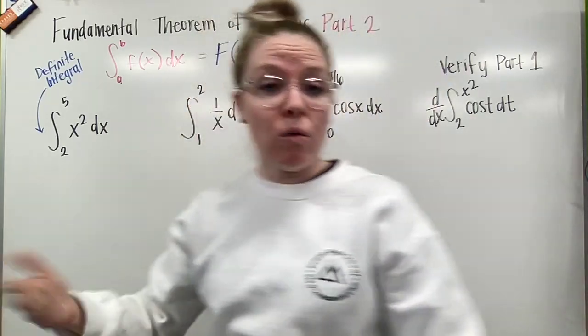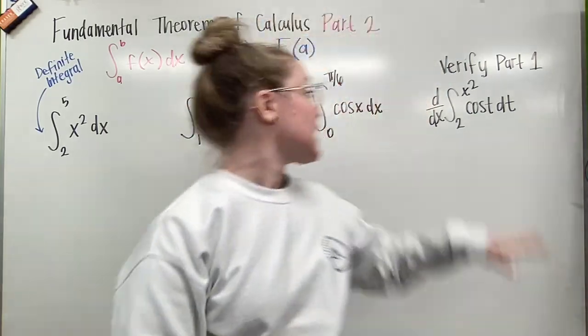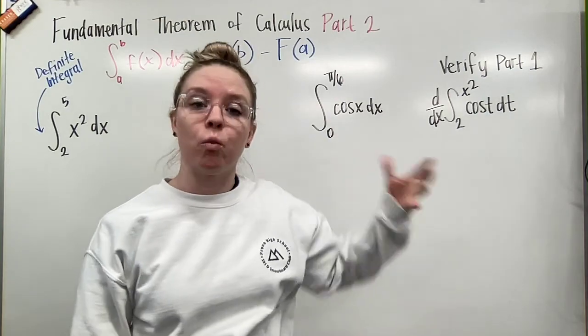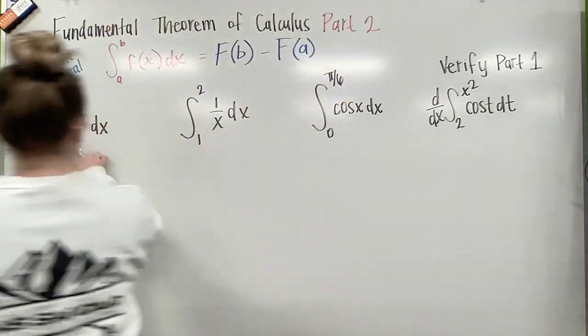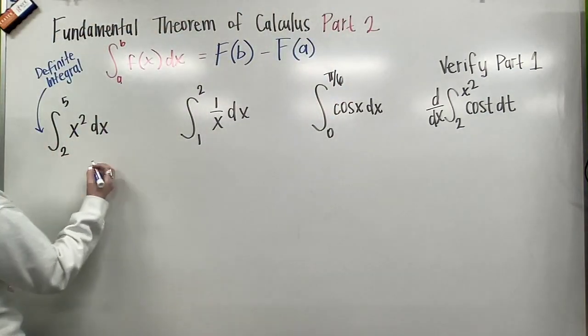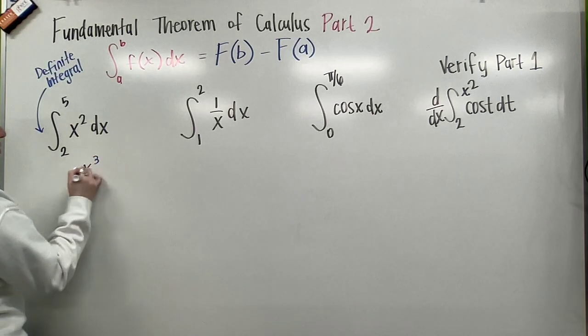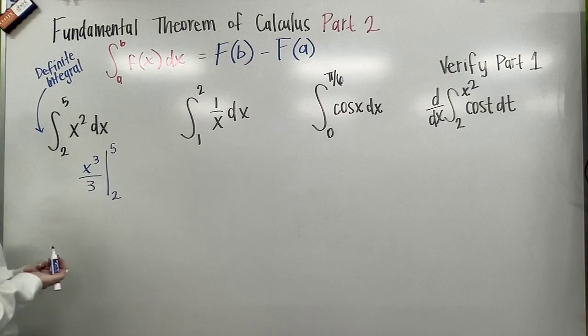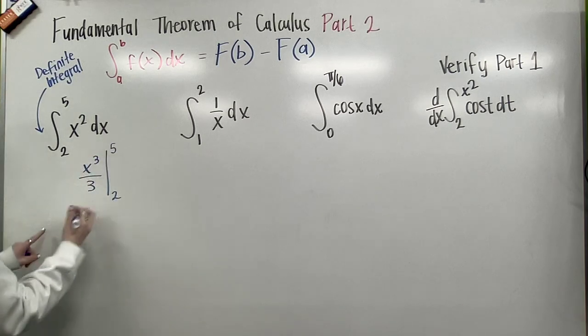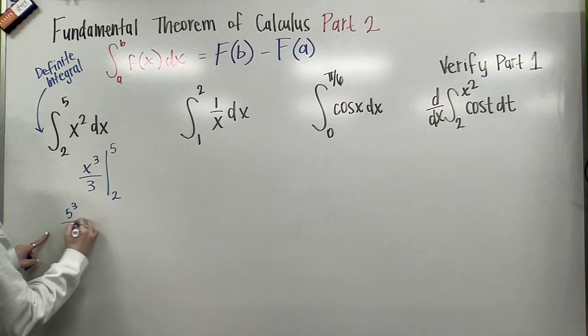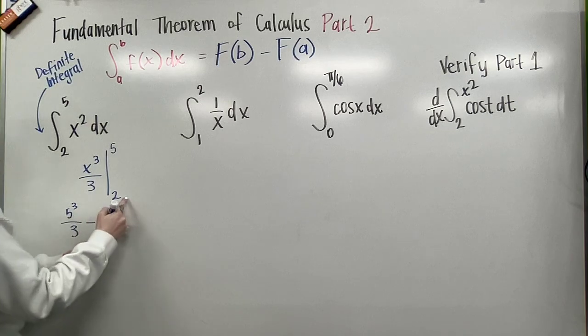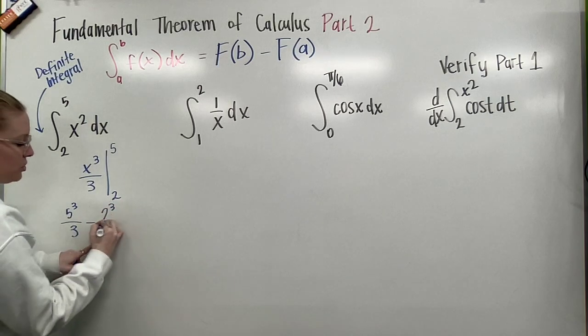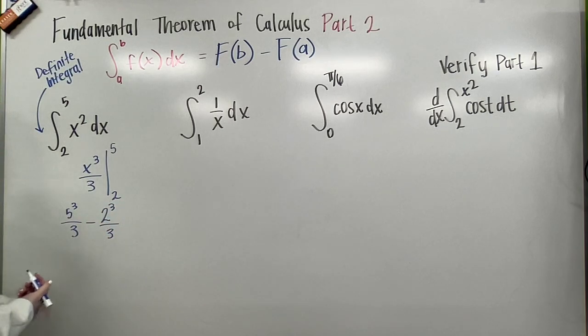Okay. So we're just going to go through and solve these, and like I said, I'm going to verify how part 1 works. So I'm going to take the antiderivative of x squared, which is x cubed over 3, and I'm going to evaluate from 2 to 5. So I'm going to plug the 5 in, 5 cubed over 3, minus, I'm going to plug the 2 in, 2 cubed over 3.